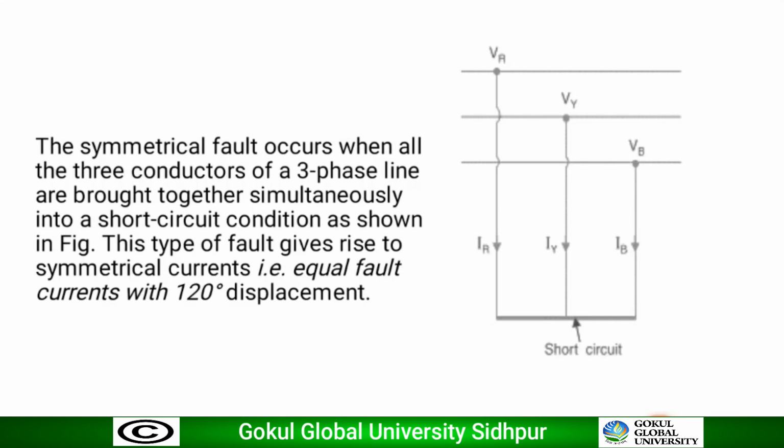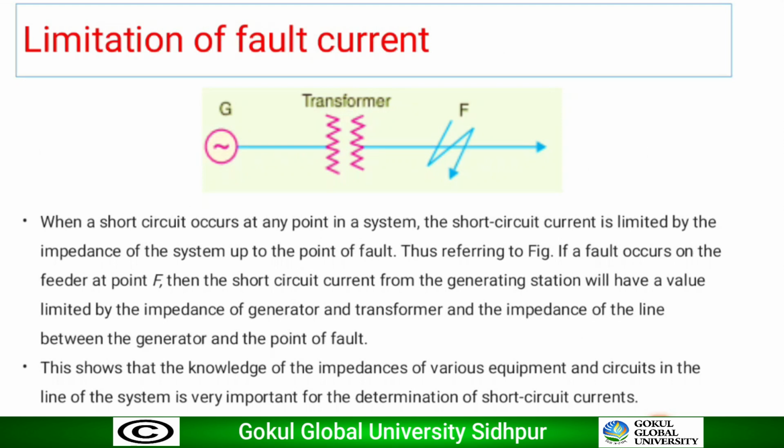Secondly, the symmetrical fault is the most severe and imposes the heaviest duty on the circuit breaker. The chance of a symmetrical fault taking place is very rare, but if it does take place in a power system, the effect on the circuit breaker and equipment is very dangerous.